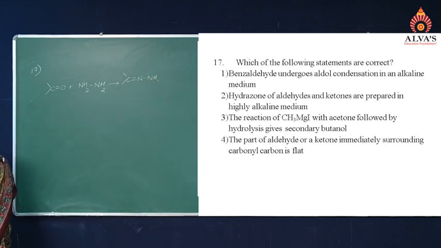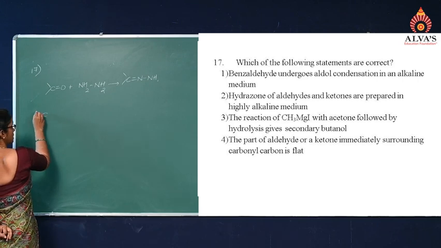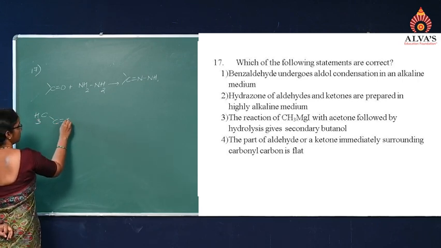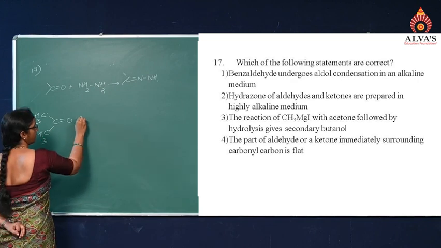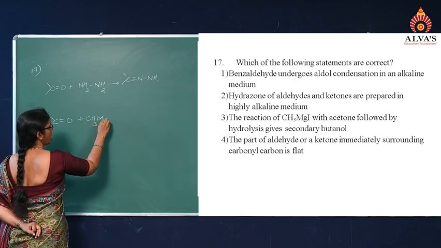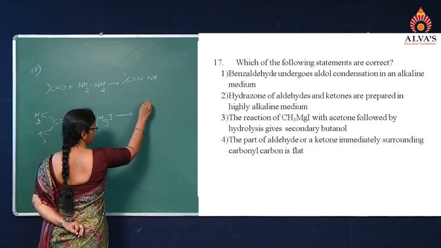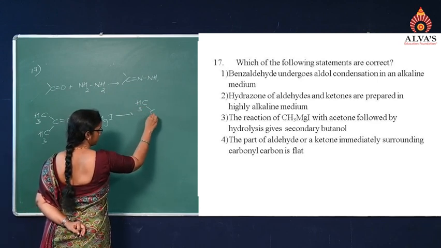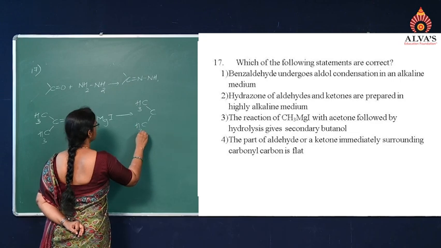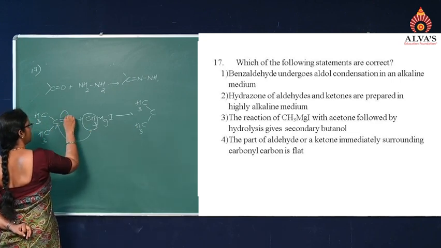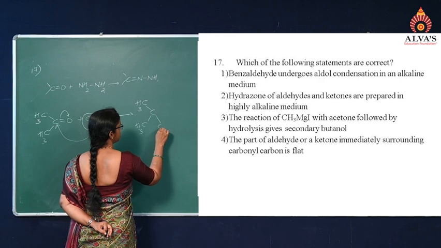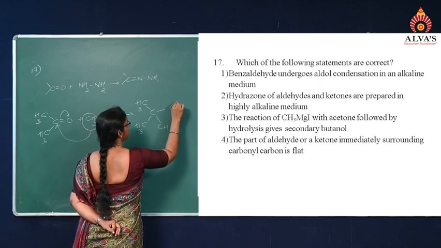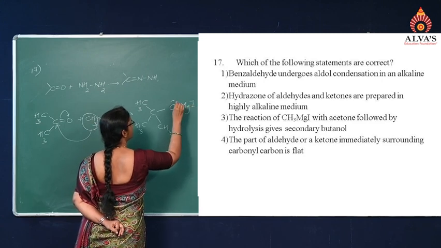Option number 3, reaction of CH3MgI, that is methyl magnesium iodide, with acetone followed by hydrolysis. CH3 C double bond O CH3 plus CH3MgI on reaction gives an intermediate where CH3 will attack the carbonyl carbon, resulting in formation of O minus MgI.